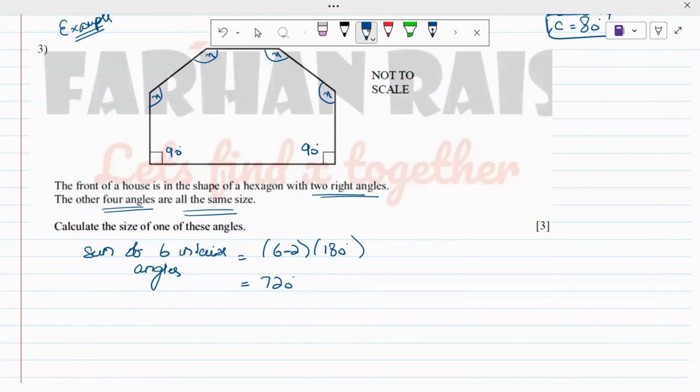So for the sum of six angles, the six angles we have are 90 plus 90. And since all four angles are x, we can write 4x for it. And they would sum up to 720. So 4x is equal to 720 minus 180, which gives us 540.